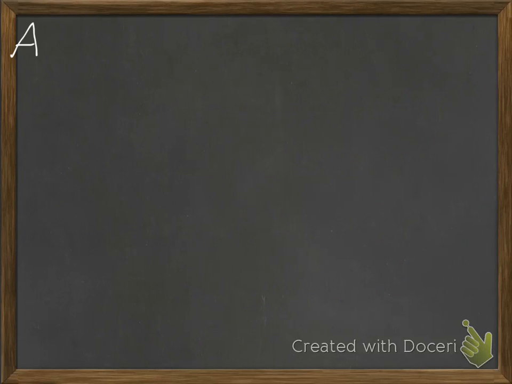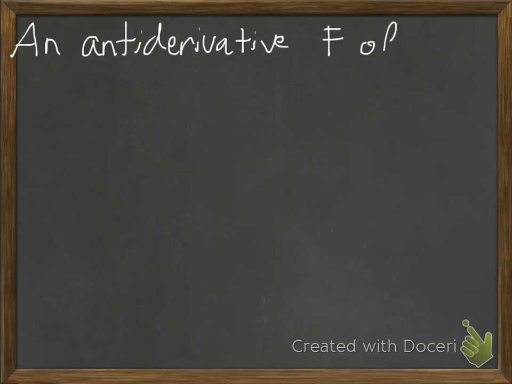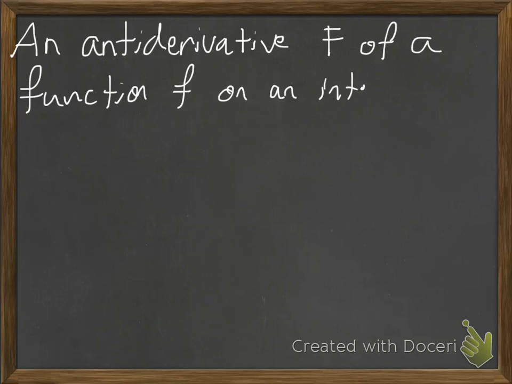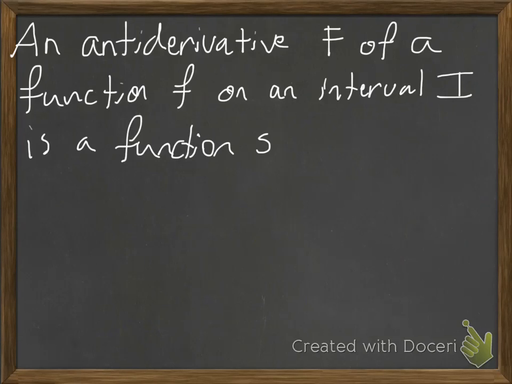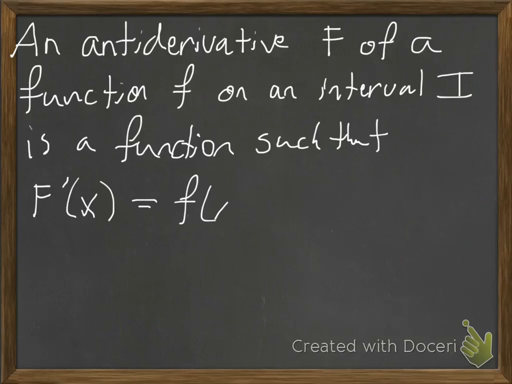And we're going to look at a theorem in a minute. First, we're going to give the definition of an antiderivative. An antiderivative big F of a function little f on an interval I is a function such that when I take the derivative of big F, it's equal to little f of x for all x in that interval.